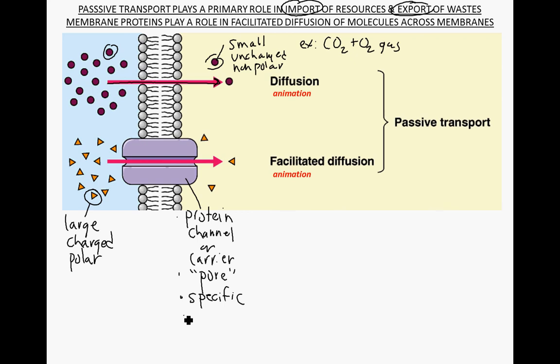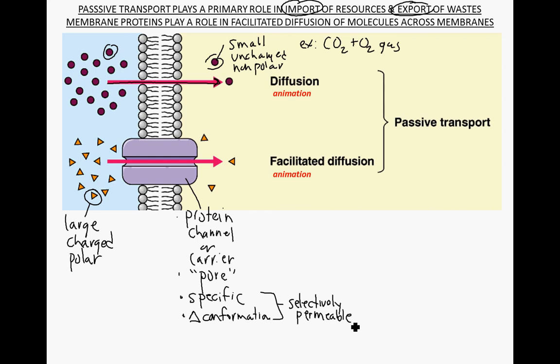And these channels and carriers, as proteins, also have the ability to change their conformation. So these two aspects help to describe most membranes as being selectively permeable. You may also hear it referred to as semi-permeable.